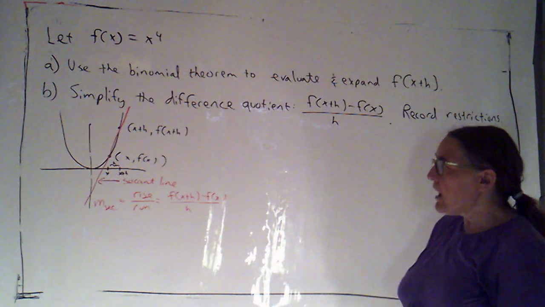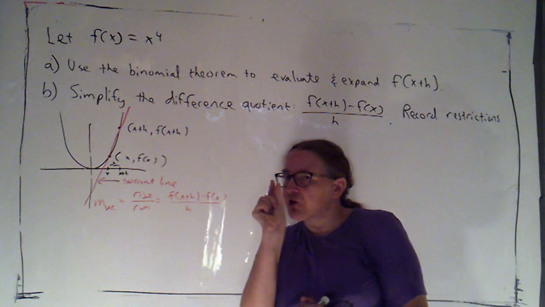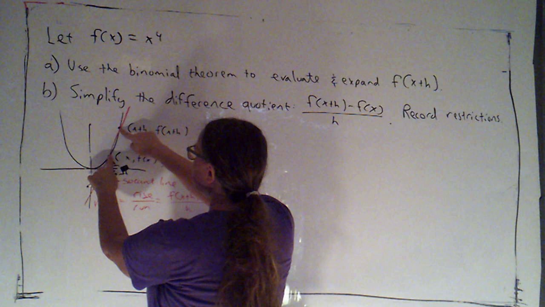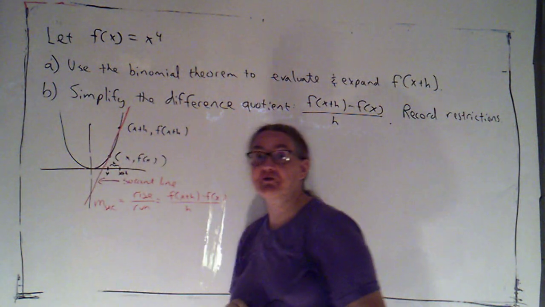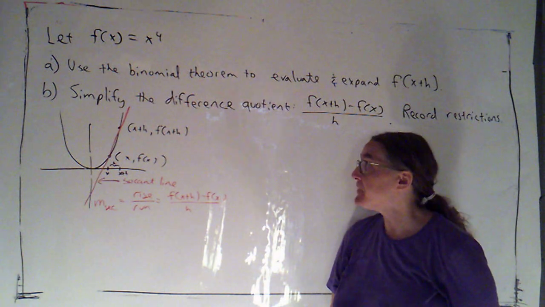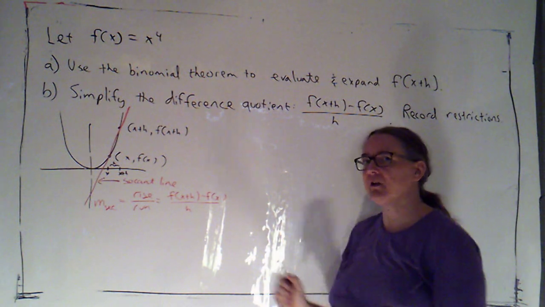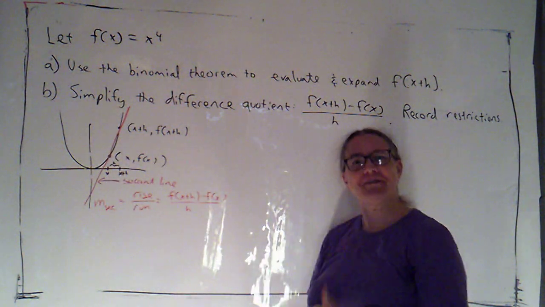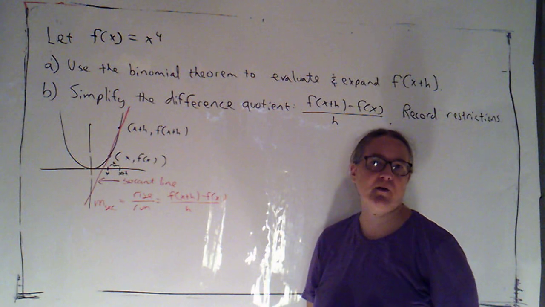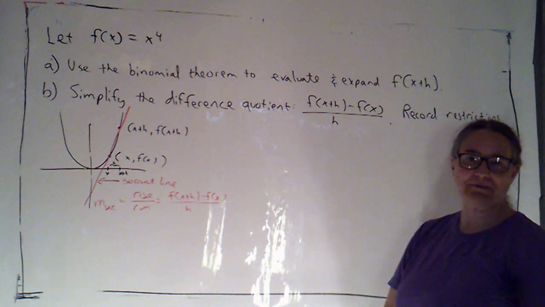And what you do in calculus is you let h get smaller and smaller, so that you're looking at points that are getting closer and closer together, trying to see what's the slope of the line that really matches the quote-unquote slope of the function at that particular point. So part of that involves working with these difference quotients.